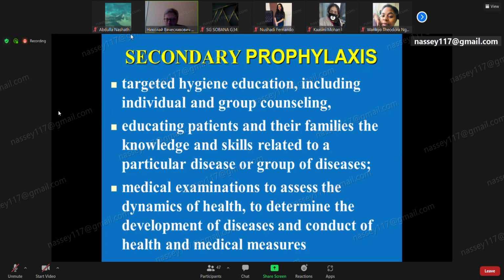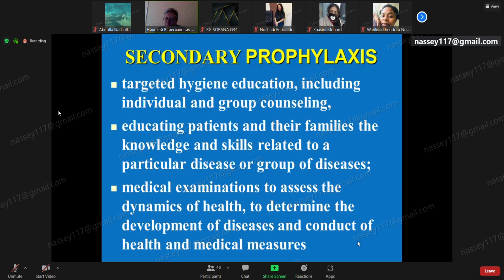As for medical examinations, to assess the dynamics of health, determine the development of disease, and conduct of health and medical measures. What do health measures mean?